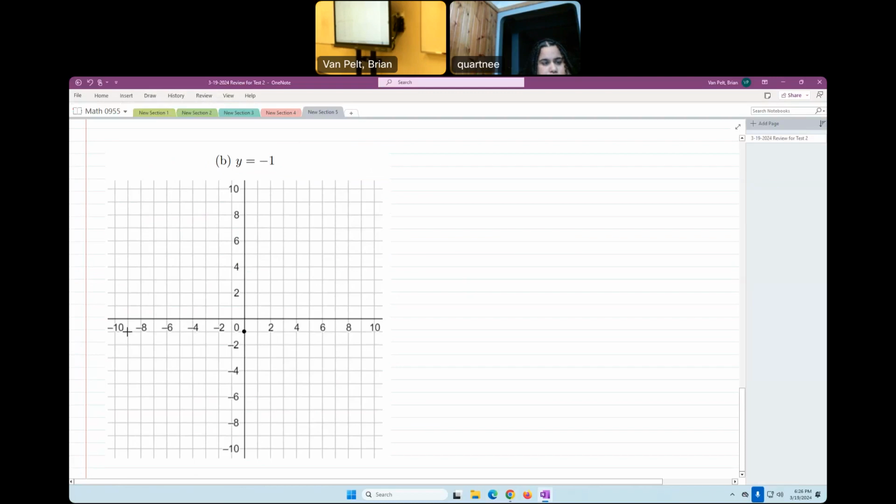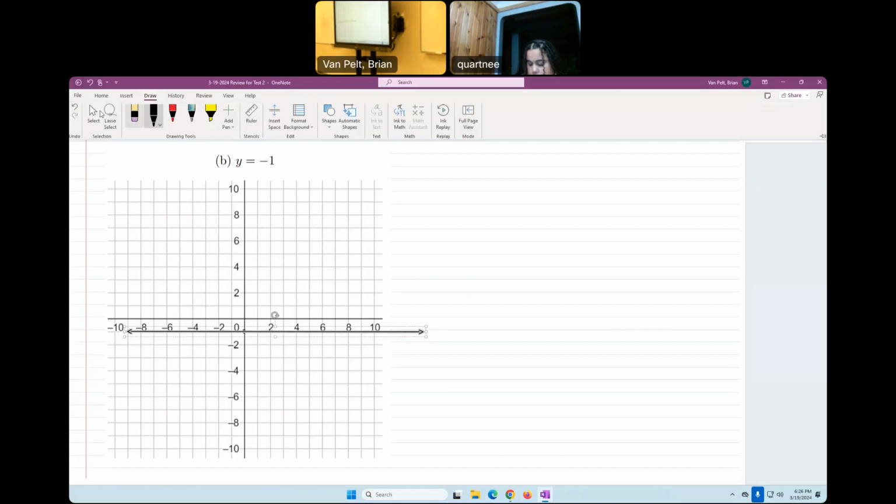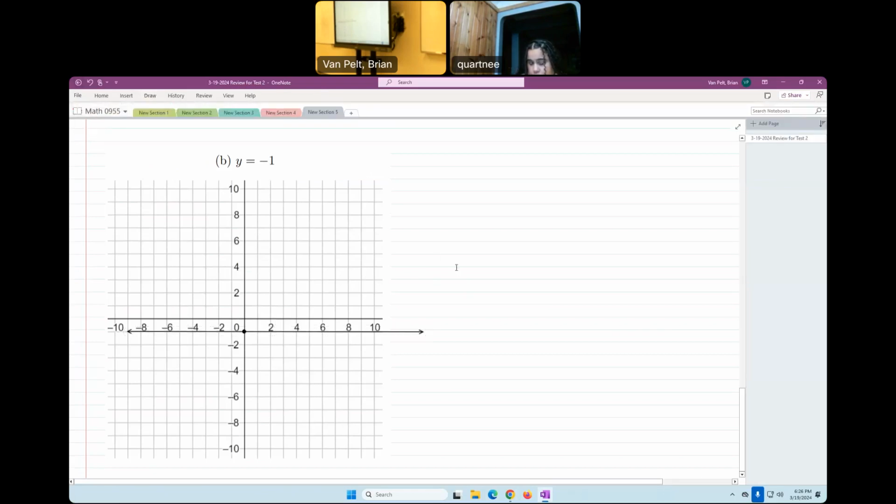Might be kind of hard to see because of the graph, but hopefully you can see it. There's my line. So just a horizontal line, keep that in mind.